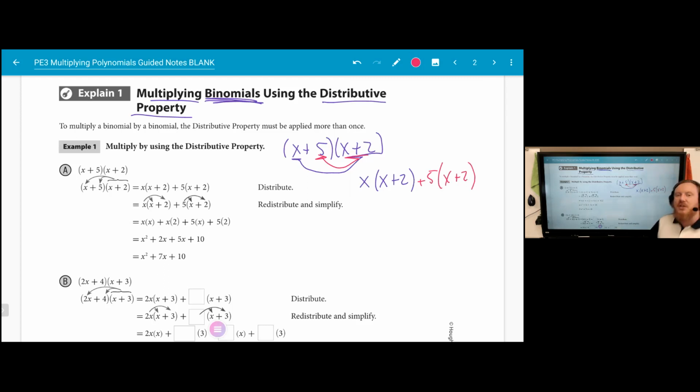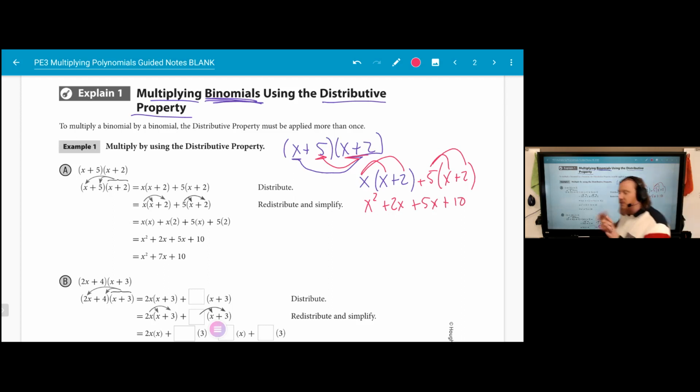So essentially, I've distributed one time, and I need to distribute a second time. Well, actually, two more times, right? Because this is the part of distribution where we normally see it. x times x, which is x squared, x times 2 plus 2x, 5 times x plus 5x, plus 5 times 2, which is 10.